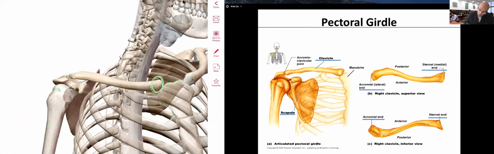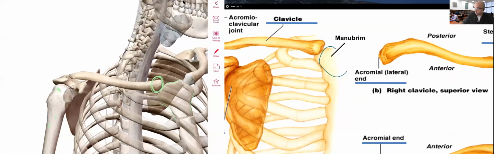Can you remind me, what did we call this part of the sternum? The manubrium. So the clavicle is the bone that you can feel here in the front, and the scapula is in the back.